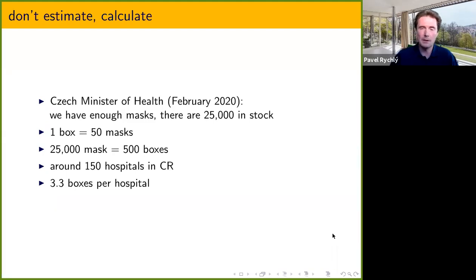But without the calculation, if we just see the number 25,000, we don't see the problem, because we cannot imagine these numbers, we cannot compare these numbers, and so without this calculation, it's hard to make any decisions.